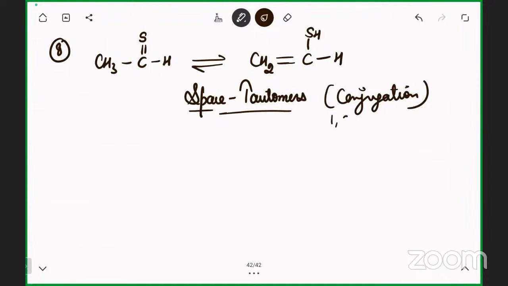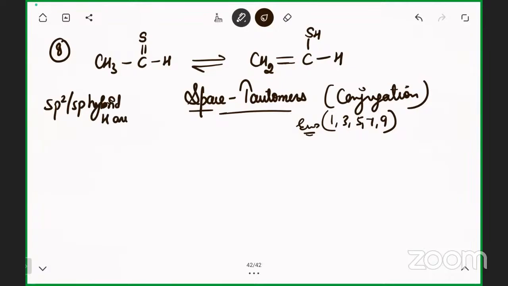So you'll say the odd positions 1 3 5 7 9. And one more thing, we don't have to take the hydrogen from the sp2 or sp hybridized carbon. Hydrogens are not migrated. You have to remember this thing.